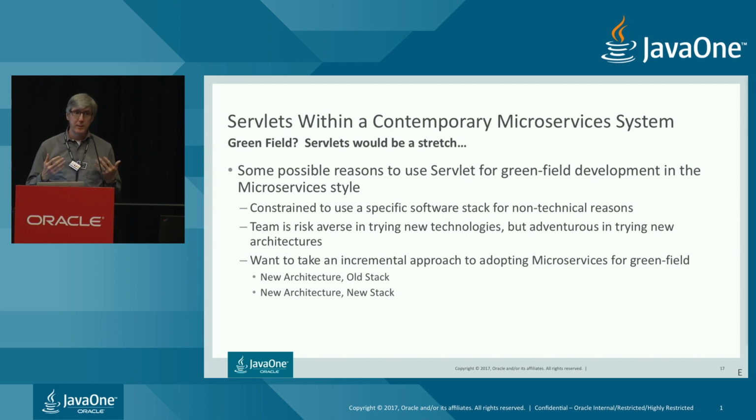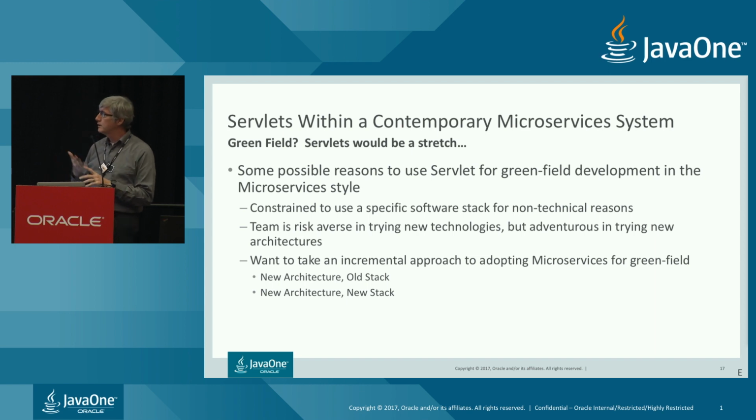So you might be in such a shop, and you basically have to use whatever you're given in terms of J2EE or servlets, and you might want to take advantage of the microservices architecture but not be able to use all the different kinds of tools.